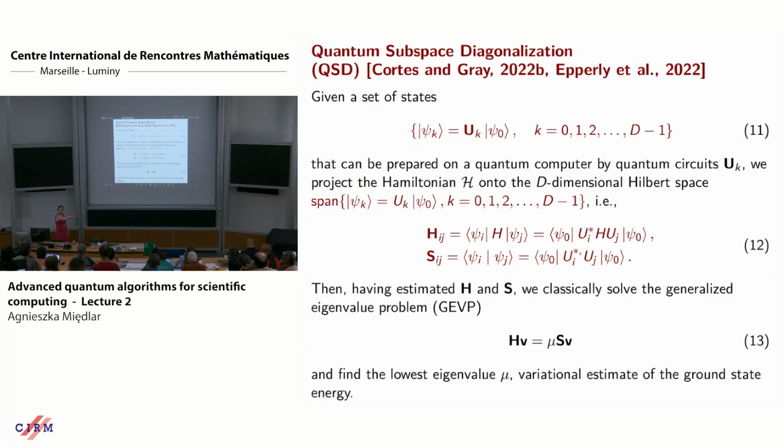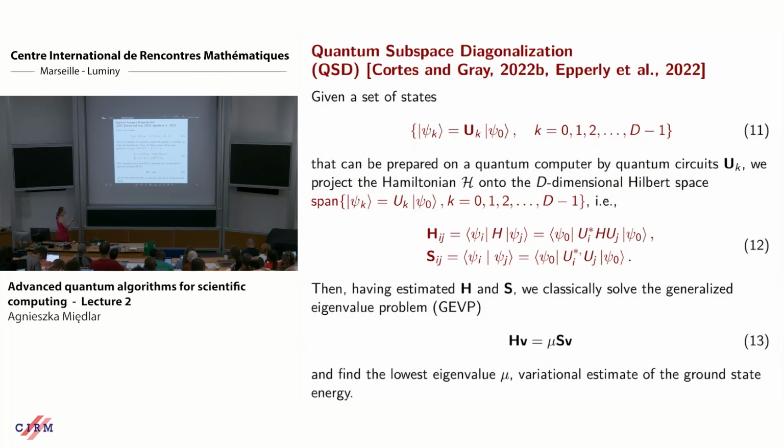So in terms of quantum, let's assume you are given a set of states, phi k, and we need some way of preparing those states, so we will have quantum circuits which correspond, of course, to unitary operators, and we will have some initial state.